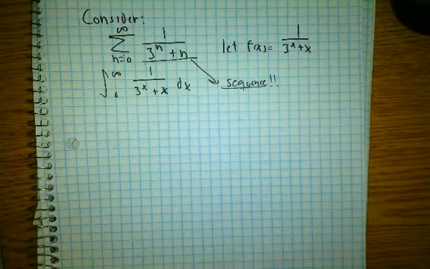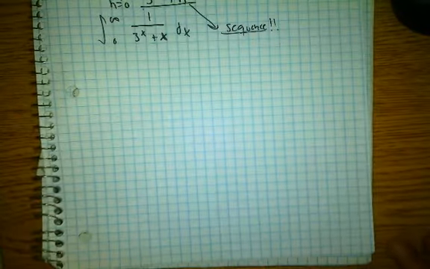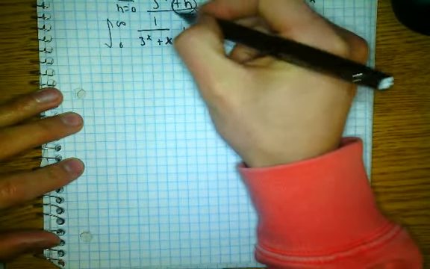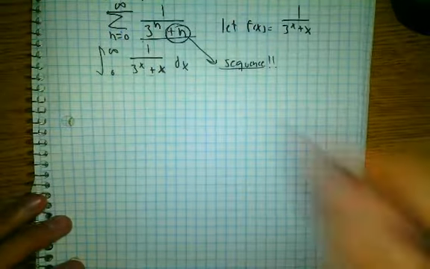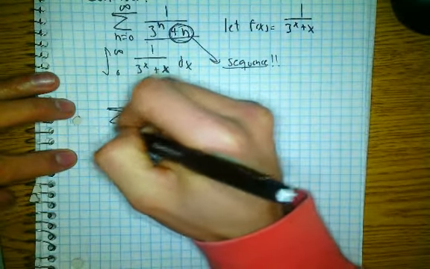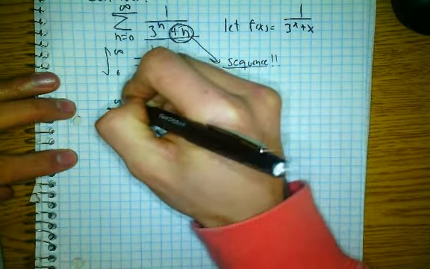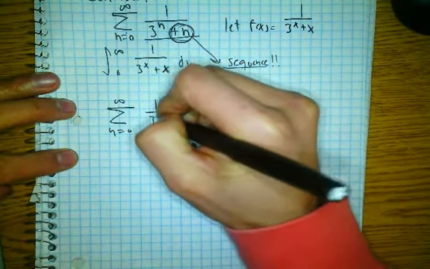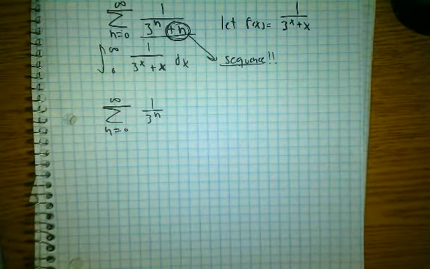Here's what we're going to do. Let's pretend that I just get rid of this n value right here. What I would have then is that. You guys with me?